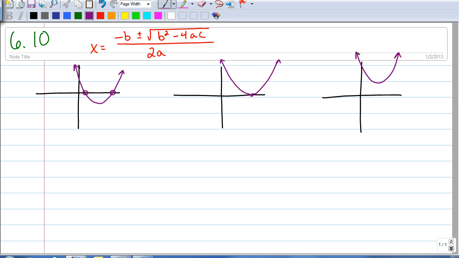So, again, looking at these three examples, the first example here was where we have two solutions for our quadratic formula. This is one where we have one real solution, and this is where we would say we have no real solutions. So we could even fill it in like this.